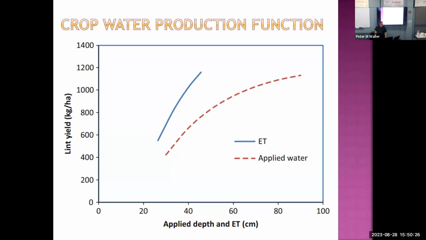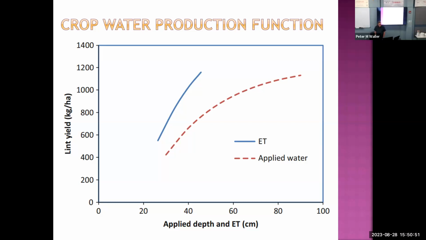Okay, ET is evapotranspiration. And so that's the water that the crop uses. That's the blue line. The red line is the water that you apply to the field. Okay. And so the lower axis represents two amounts. One is the applied water depth by irrigation and rainfall.